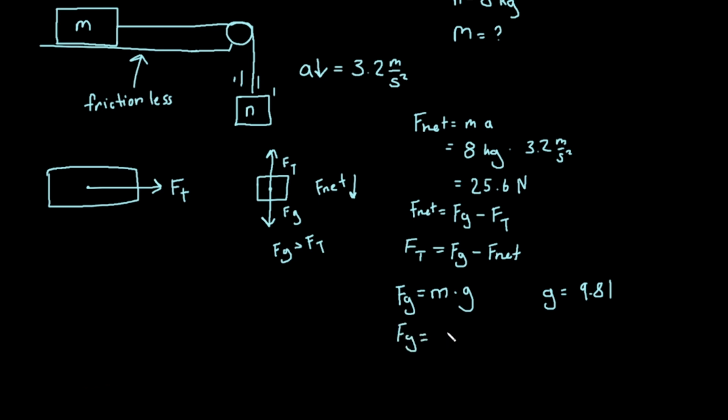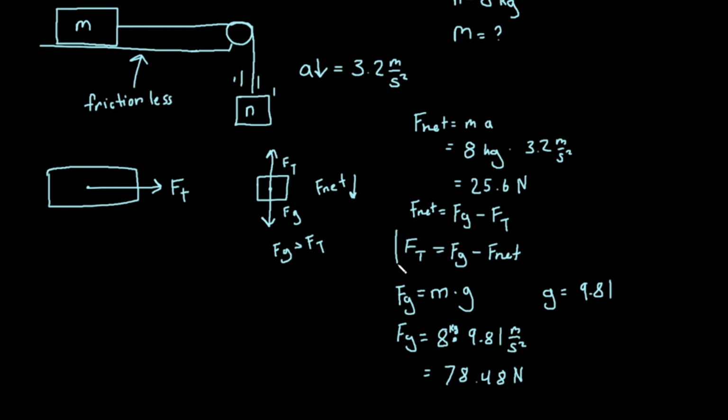So, with mass of 8, we can solve for our Fg. Fg is equal to 8 times 9.81. Now, I'm not using units right now. That's not a great thing, so don't take after me. Remember your units. Now, we can calculate this, and that will give us 78.48 newtons.